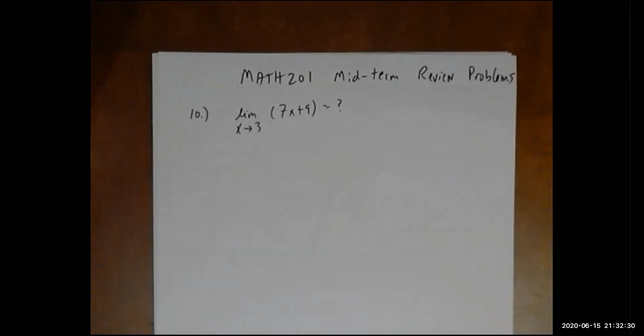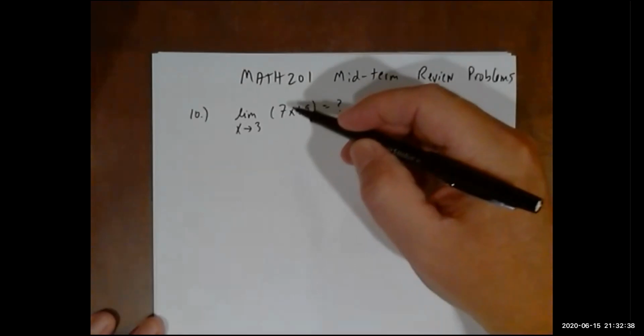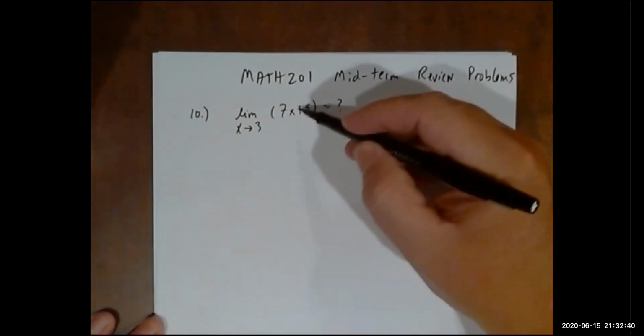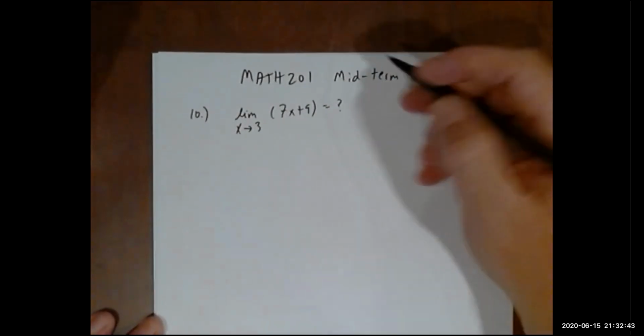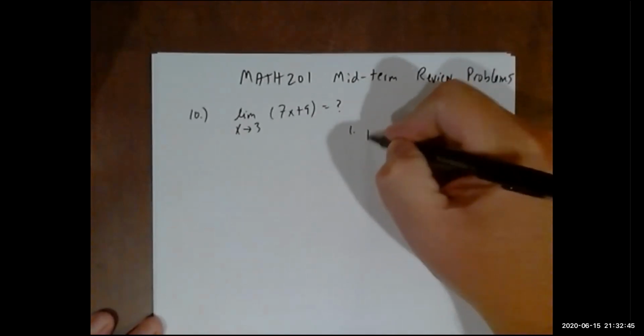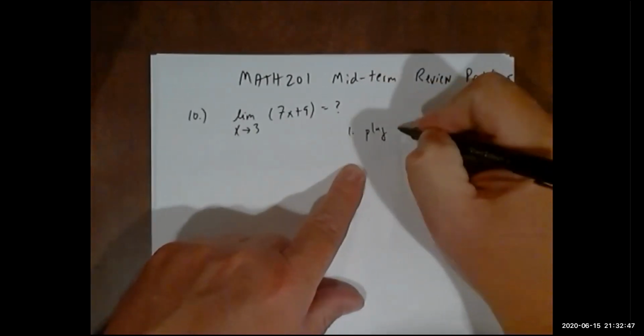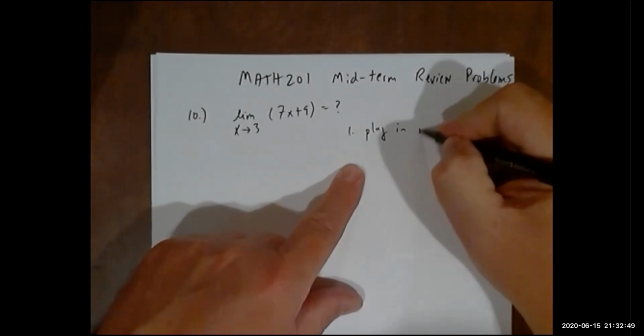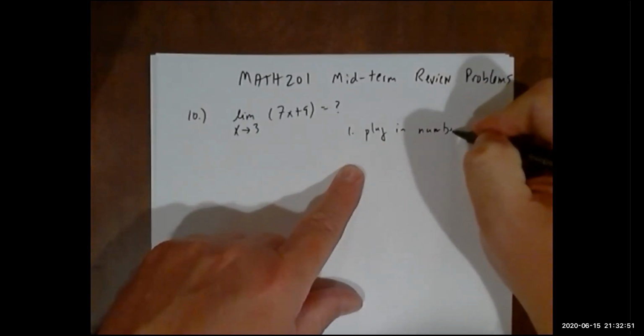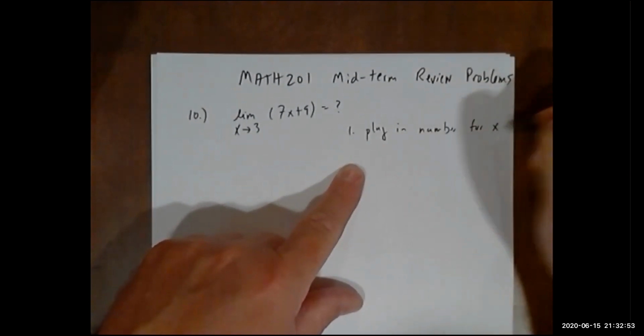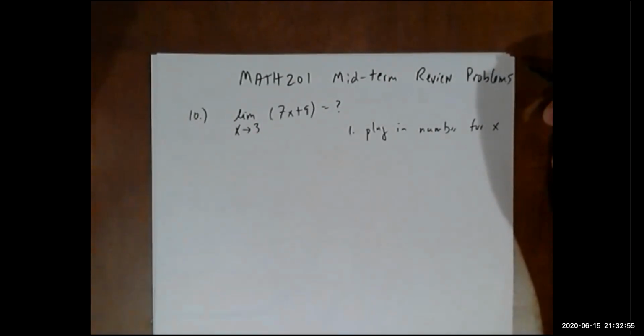If you watched any of my videos that I made about limits, I don't think limits are too hard. Here's what you do. When you're trying to find the limit of an expression like this, the first step is you plug in the number for x and you see what happens.